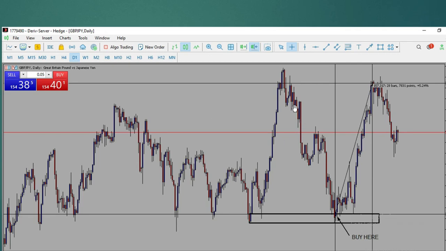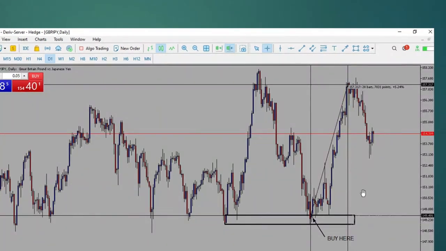So let's explain our long trade that we have here. If you look at these two points that I have used to get these figures you're seeing there, you can see from the starting point we have a price, and at the ending point we have a price that is shaded in black.